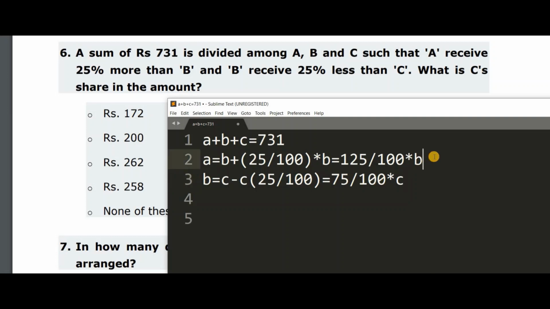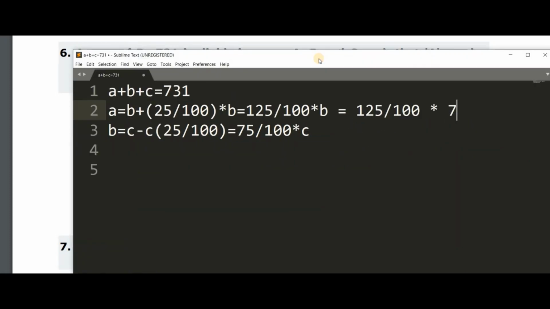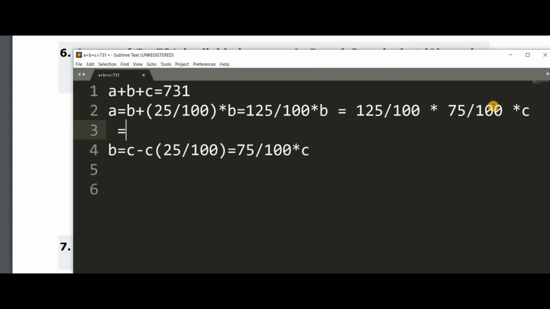So let's keep the value of B as C. So the equation changes into 125 by 100 into what is the value of B? It is 75 by 100 into C. So now we can put all these values into the first equation.